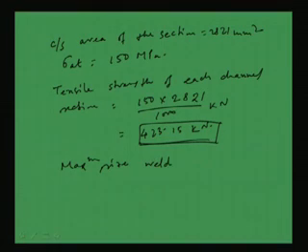So as per the codal provision, the maximum size of the weld will be the thickness of the thinner part of the section, which is 6.1 mm, because this is the thickness of the web of the section. The maximum size will be 6.1 minus 1.5 mm, meaning thickness of the thinner part minus 1.5 mm is the maximum weld size.